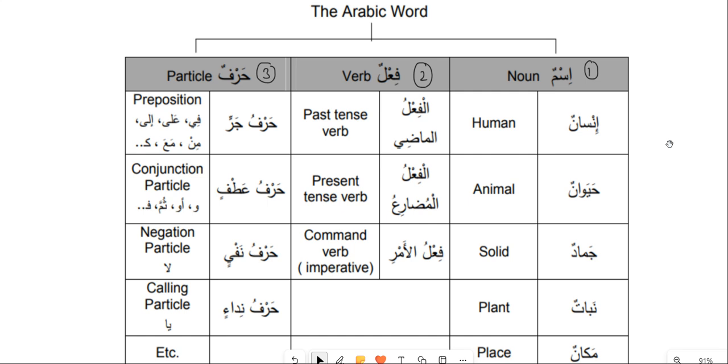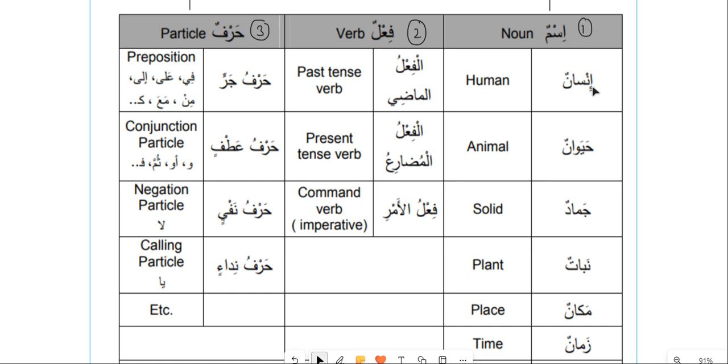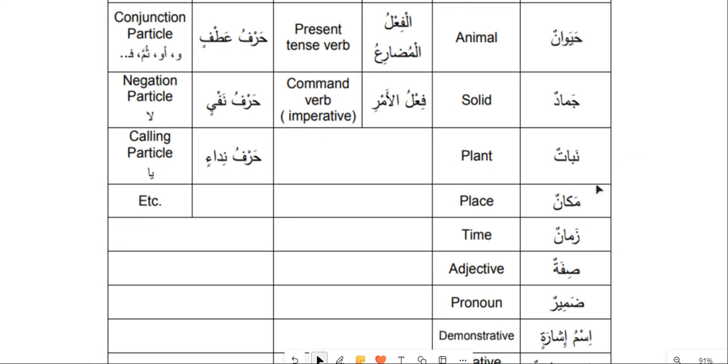So in the first level I will be dealing with only nouns, Arabic nouns. In the nouns you have everything. For example, the names of humans or the name of a country, anything. Nouns can be the names of animals, solid things, plants, makan places.